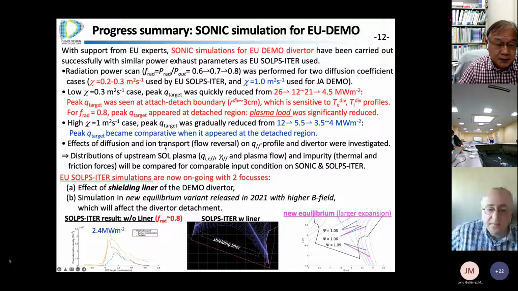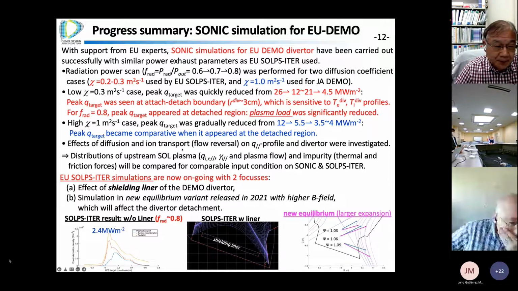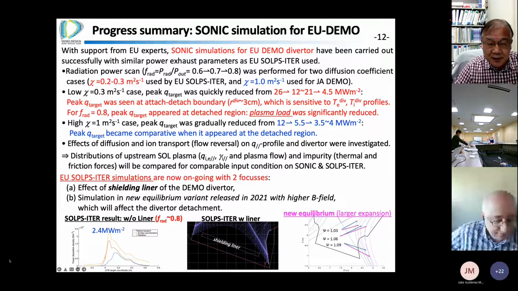We can also see a flow reversal in the simulations. Therefore, the peak heat load profile and the peak heat flux profile have shoulders in the far scrape-off layer radius. So that is the situation.